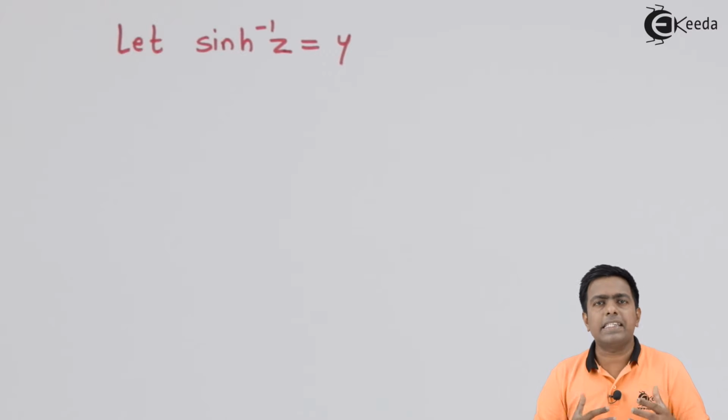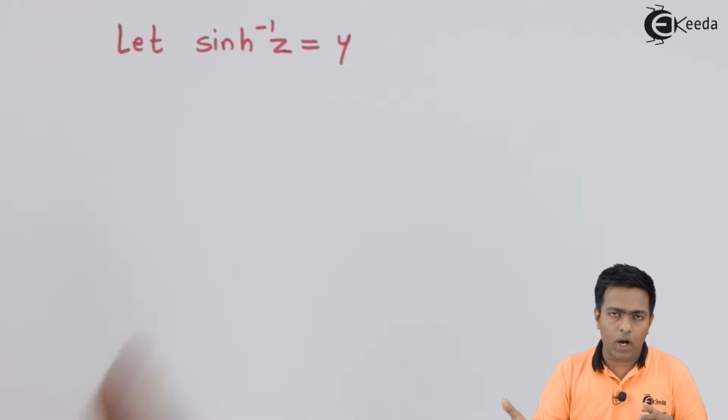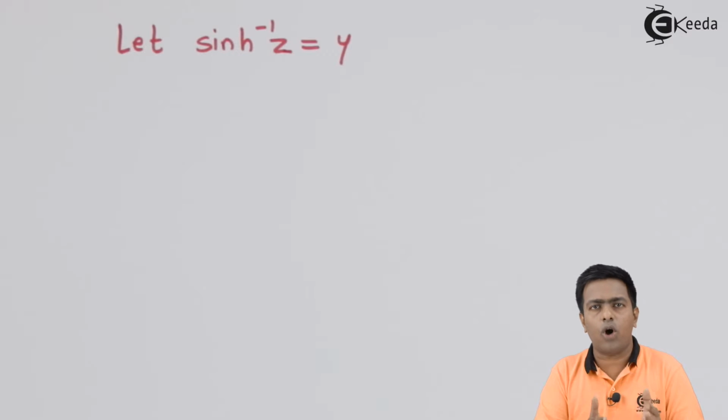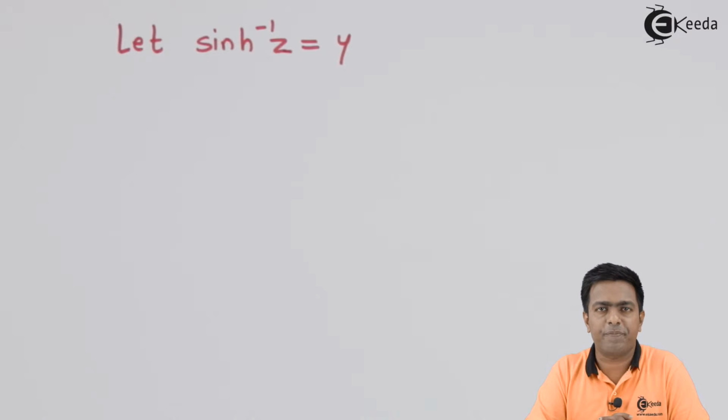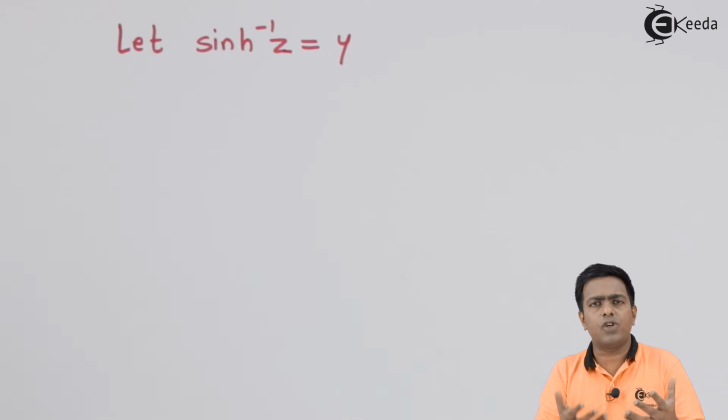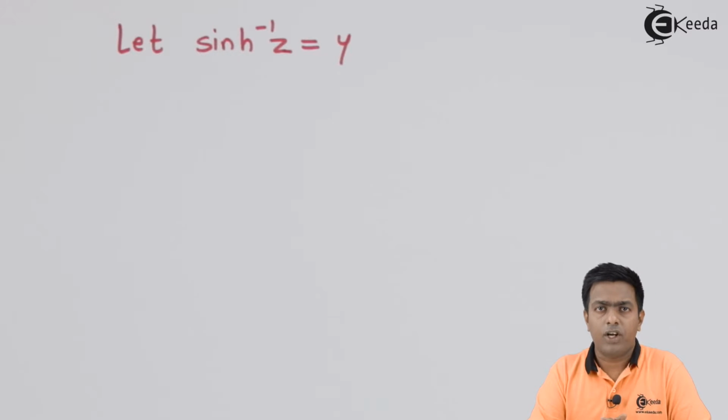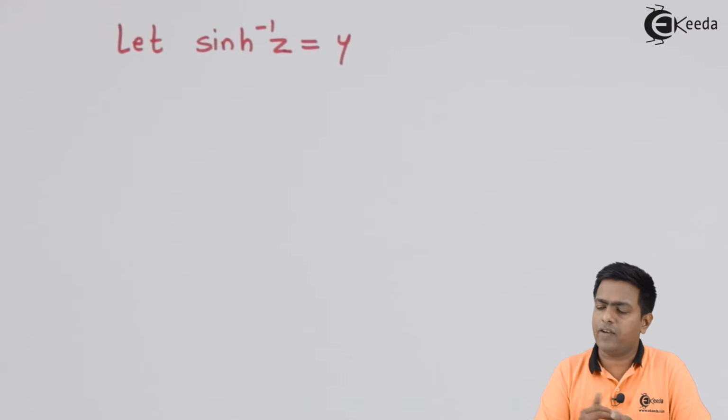Now my task is to prove that this y is equal to log of z plus under root z square plus 1, and then only we will get the formula. Since I have assumed that this value is y, to derive the result I will take this hyperbolic sine inverse to the right hand side. So that will become hyperbolic sine of y.